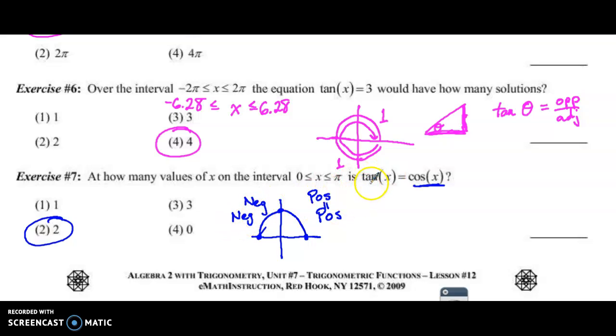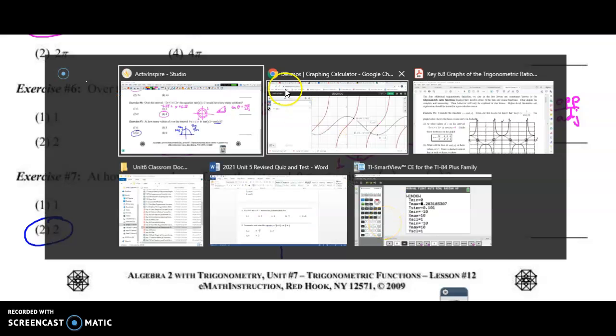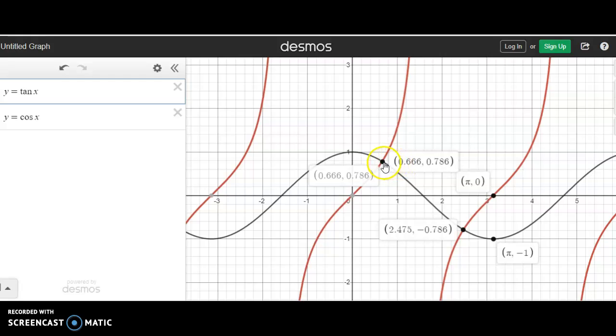The only way to get the exact answer, though, on Desmos, there we go, is, I would say at this point we're going to need a calculator to figure out where they cross each other to get the values. But without a calculator, you could figure out how many times they cross.